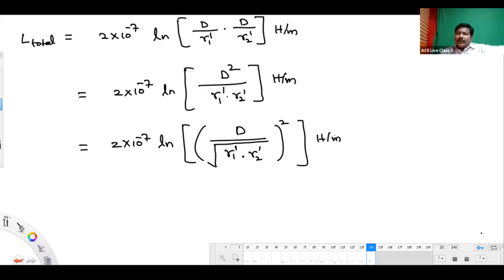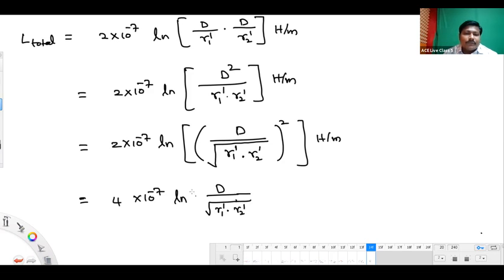The 2 we will take to the front of natural logarithm. So it will come like 4 into 10 power minus 7 natural logarithm d by root of r1 dash into r2 dash, in terms of Henry by meter.